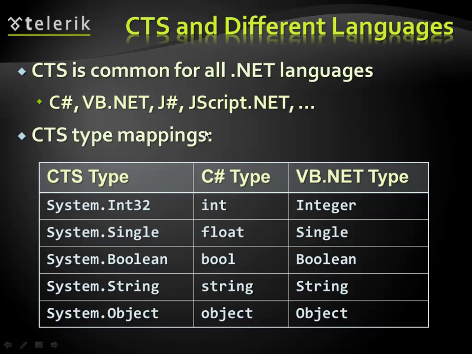Each of the languages supported by the .NET framework implements them with slightly different names, but there is a name defined in the type system itself, which is the absolute name of the class. So in C# we can use this word for int, but actually the name of the class is really System.Int32. And in Visual Basic it will be a bit different, but it still refers to exactly the same class.